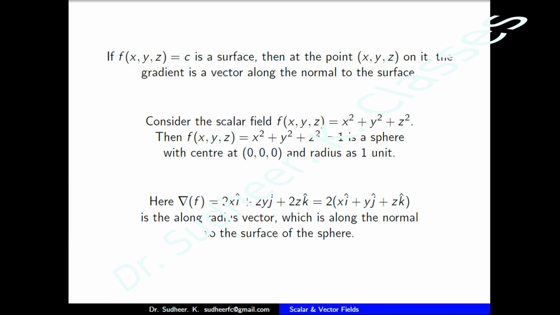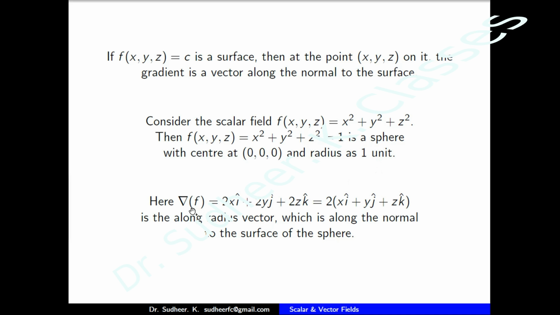As an example, consider the scalar field f(x,y,z) equal to x square plus y square plus z square. Then f(x,y,z) equal to 1 is a sphere with center at origin and radius equal to 1 unit.